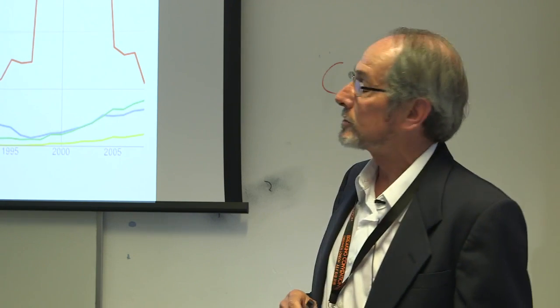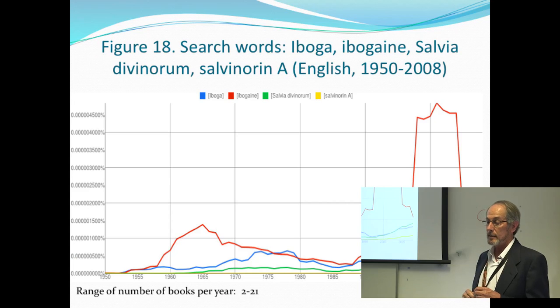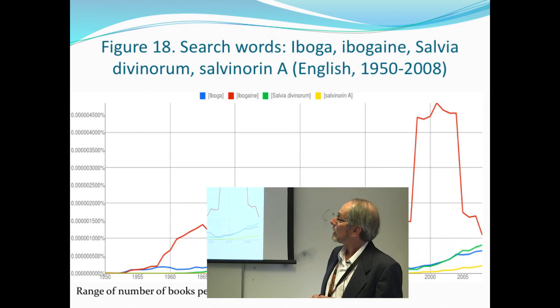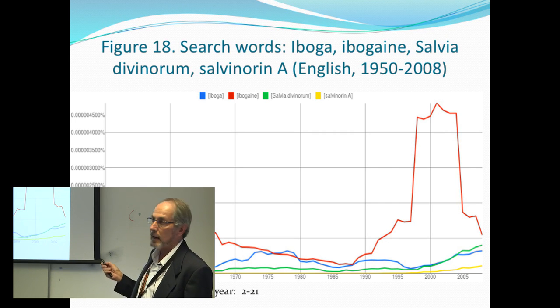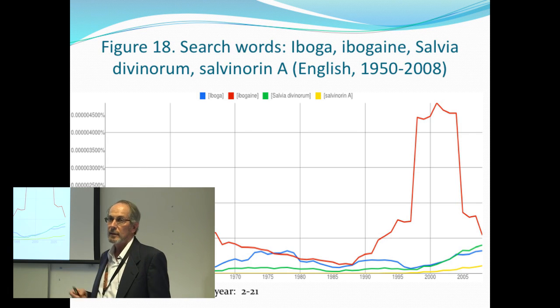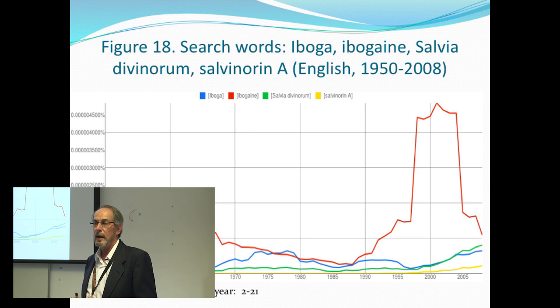And how about these? Iboga, ibogaine, Salvia divinorum, and salvinorin A. A really incredible peak here for ibogaine from 95 to 2005, representing the work of Lotsof and all those guys trying to investigate that as a potential compound to help with various forms of addiction.